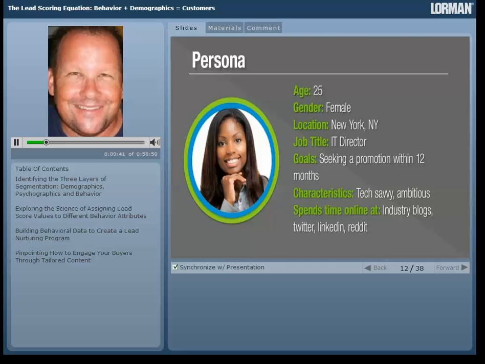So they're probably looking at a promotion or moving up the ladder. Characteristics: they're tech savvy, they're ambitious. They spend time online on industry blogs, on Twitter, on LinkedIn, and on Reddit. So, we're getting a much better picture of who this person is and potentially the types of marketing tactics that might appeal to them.